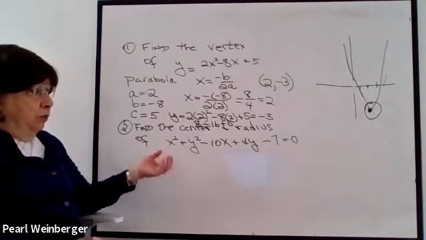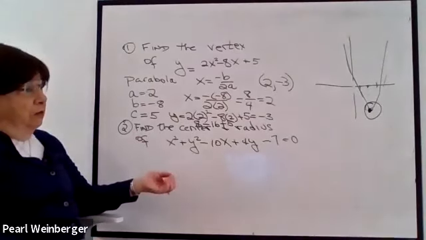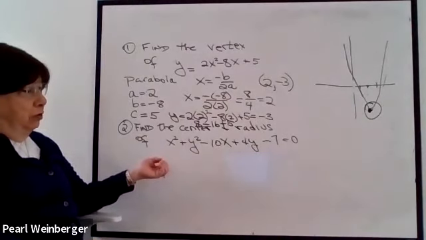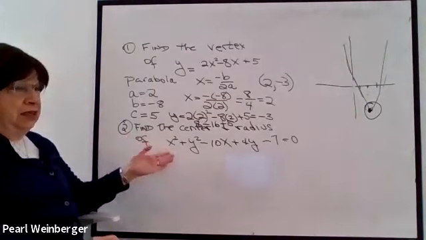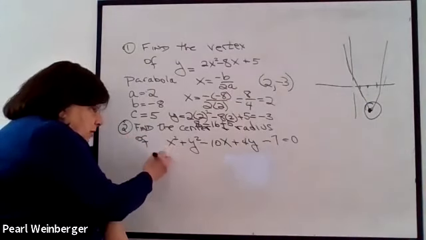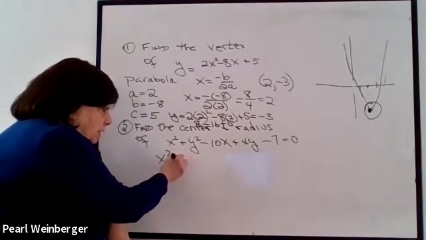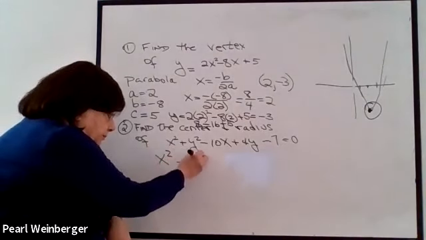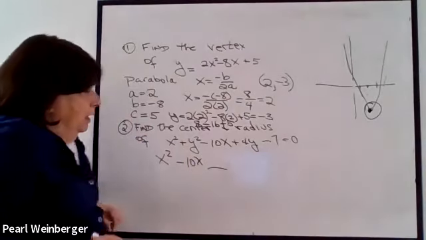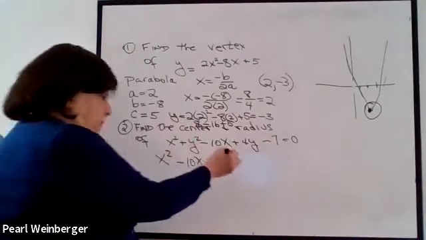And the way we said we're going to find the center and radius of the circle is to put it in what's called standard format. We're going to put all the x's together. So we have an x squared and a -10x. And then we leave a space. And then we put the y's together.